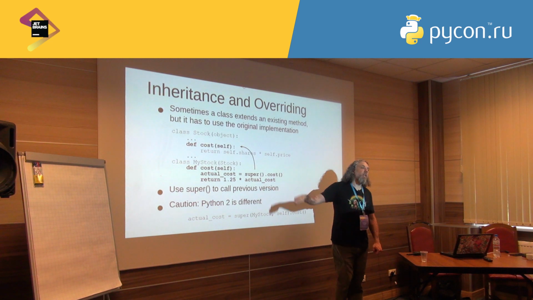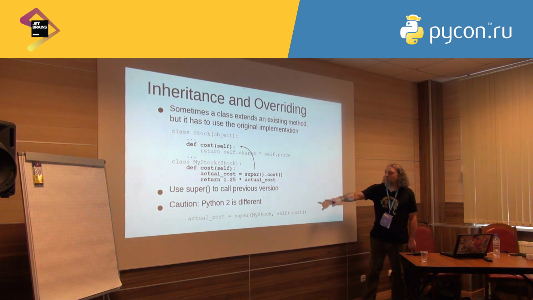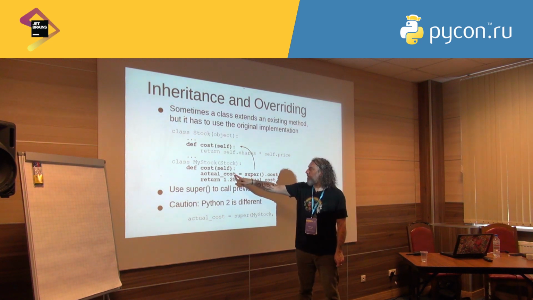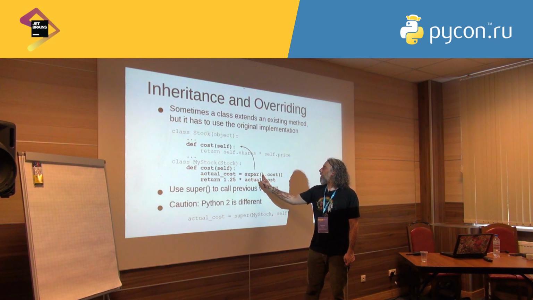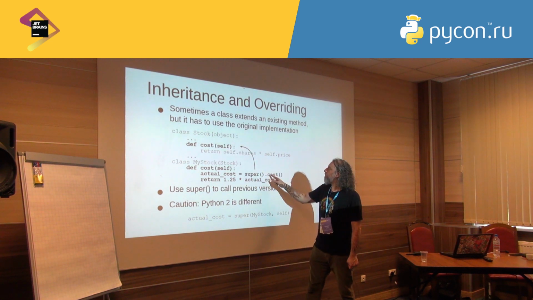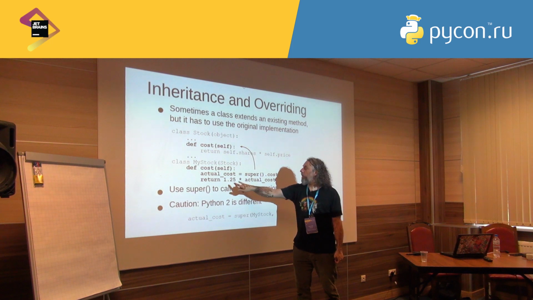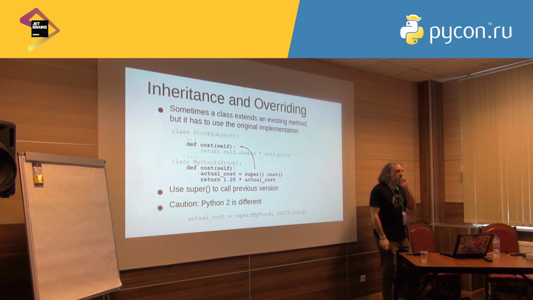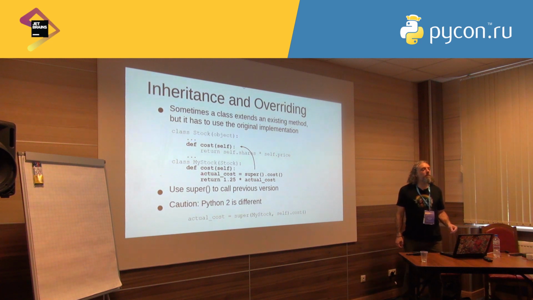So it's a bit of magic, but it's really easy. What's happening here is that when cost is called, we say call the base class version. It returns the value, then we modify the value and return the result. So hopefully you can see what's happening there, relatively straightforward.